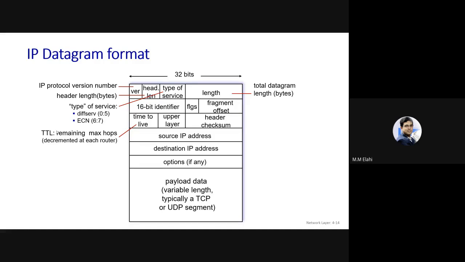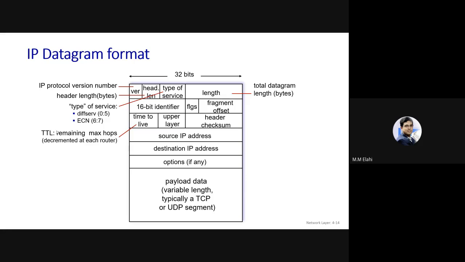This is a mechanism to discard a packet so that packets will not travel the internet for infinite time. The protocol sets this value, every router will decrement it before forwarding, and when this value becomes 0, that router will not forward the packet. So this is a mechanism to discard a packet. For many reasons, a packet can go here and there, and it can create a loop.